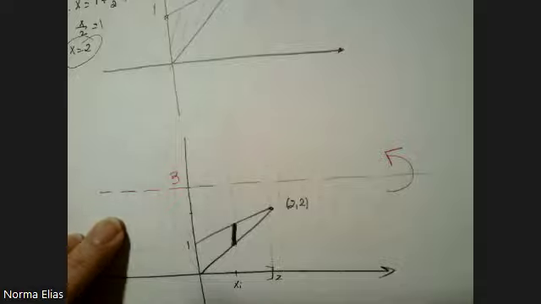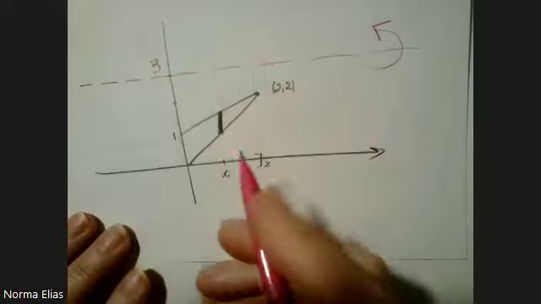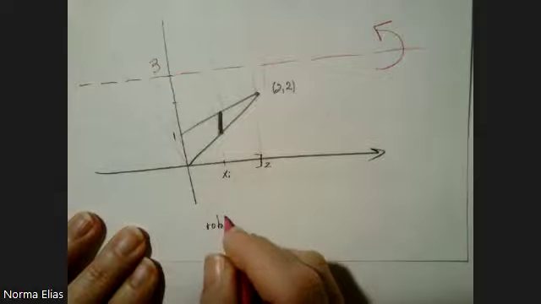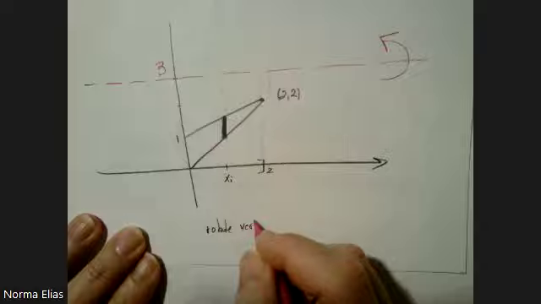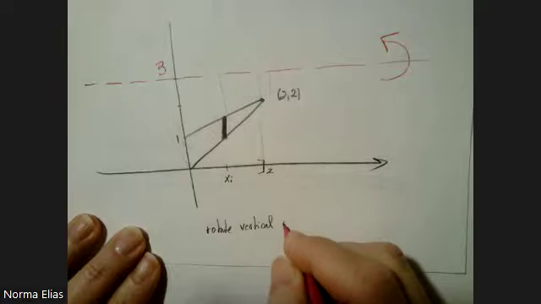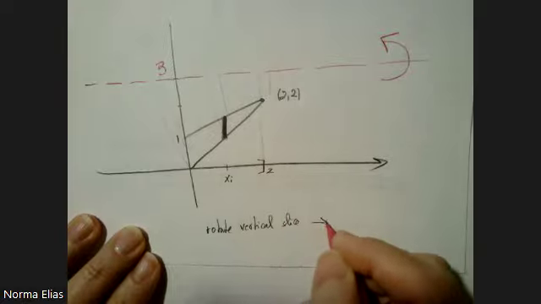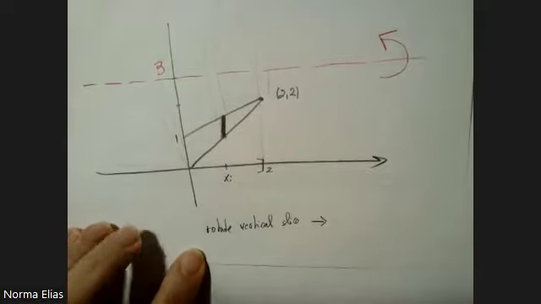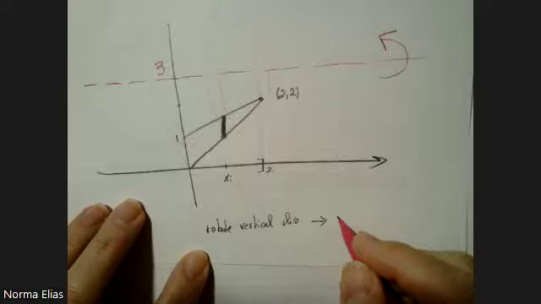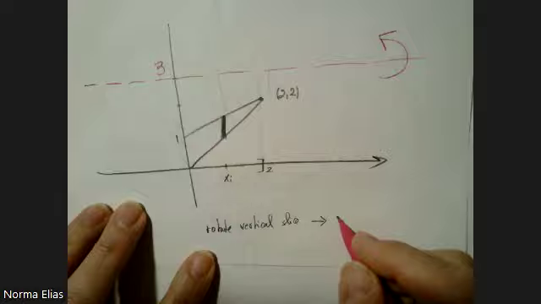So question number 1. We're going to rotate a slice, and this is a vertical slice. What are we going to get? Disk or washer? I always ask those questions. Quickly. Disk or washer?